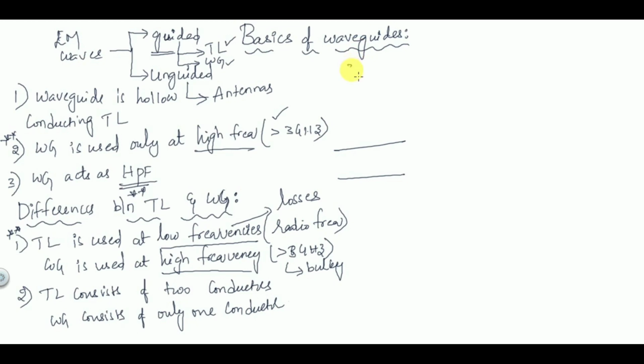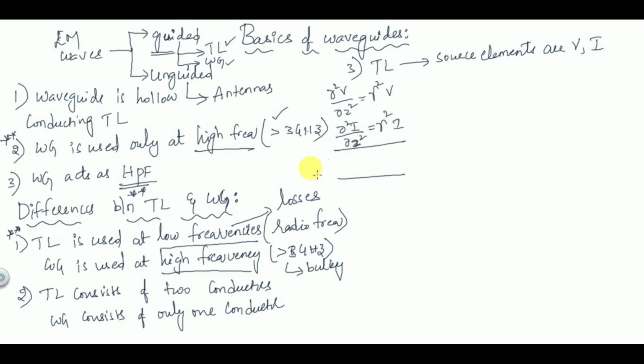The third difference is that in a transmission line the source elements are voltages and currents. So the equation we get, if the wave is propagating along the z direction, is ∂²V/∂z² = γ²V. Similarly for current, ∂²I/∂z² = γ²I.